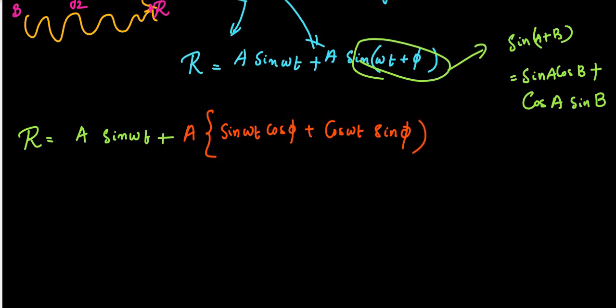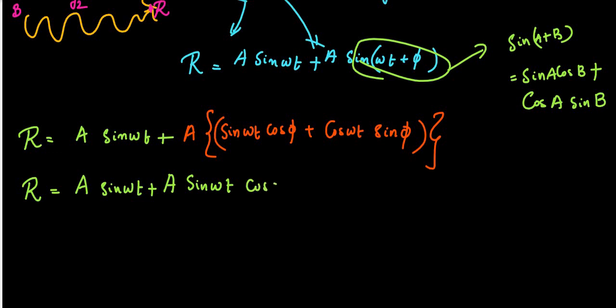So the resultant displacement r is equal to a sin omega t plus a sin omega t cos phi plus a cos omega t sin phi.